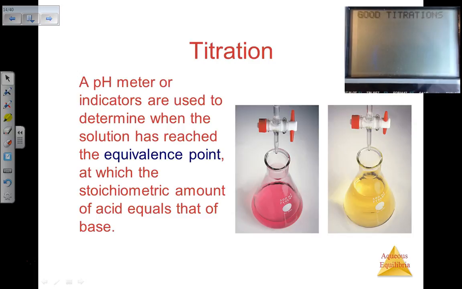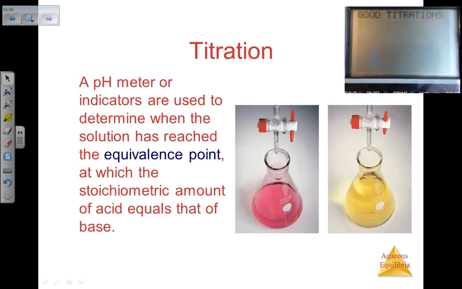The best example that I have of something that resists change to pH is blood. If blood changes pH, then you are not going to be able to function properly, and that's important. So as you add things to your body, your blood needs to stay at a certain pH.